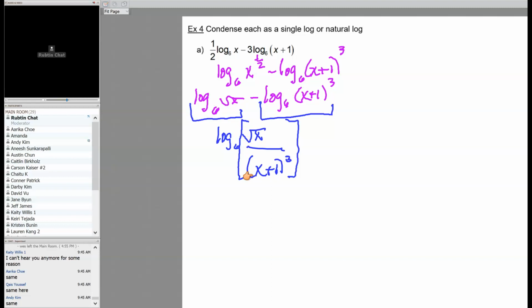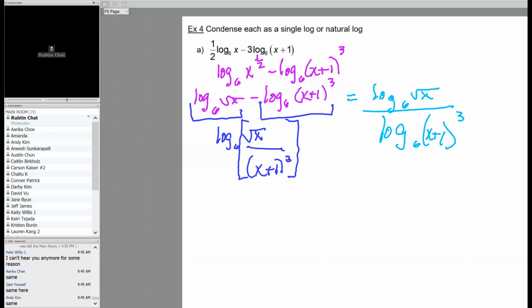And I want to make triple clear that you understand what I'm talking about, because here's the most common error. People will say, oh, well, that's the same as log base 6 of square root of x over log base 6 of thing cubed. So ugly. Okay, this is not true.